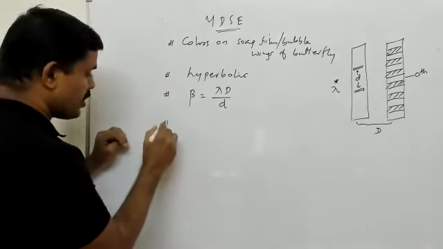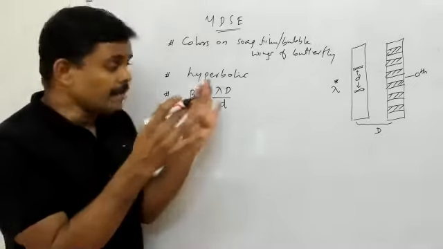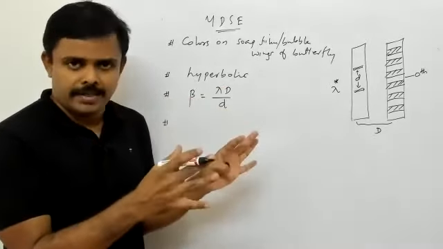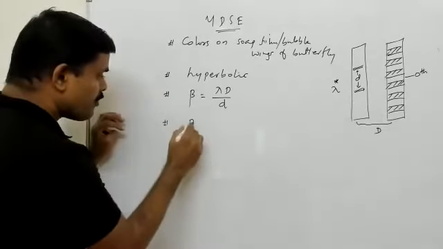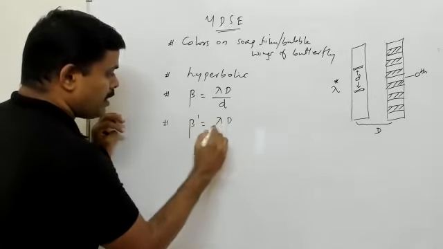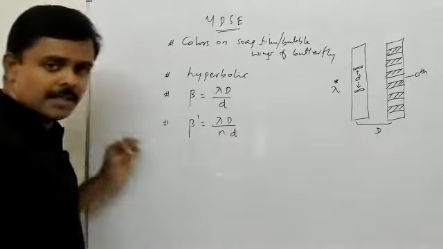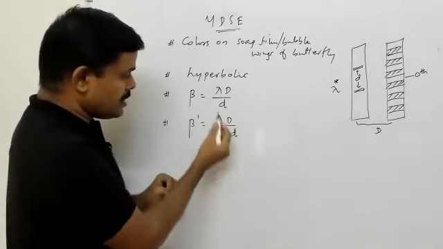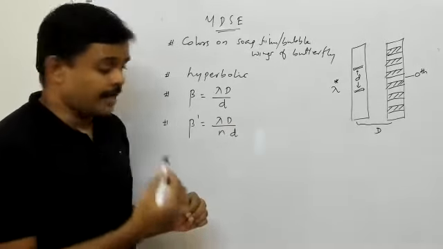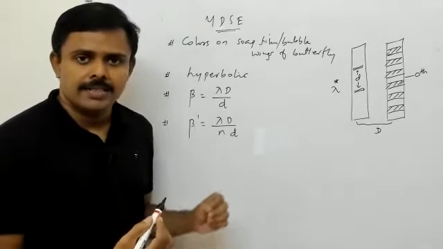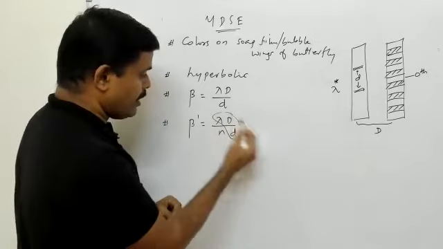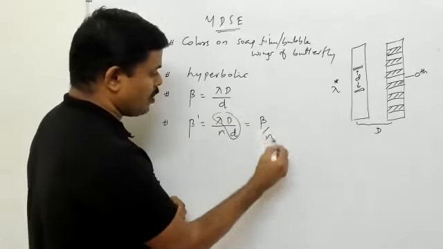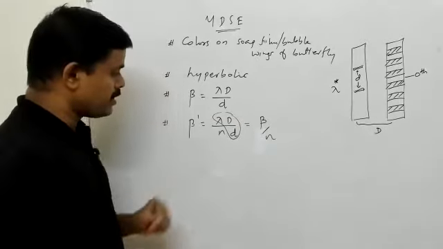Then we have the next point, underwater. If I immerse the whole setup in water or in a liquid, that's again a previous board question. The fringe width will be what? Lambda D by nd, because underwater the wavelength is lambda by n. Inside a liquid, lambda turns to lambda by n, where n is the refractive index. If I take lambda D by d together, it will be beta over n. Beta dash is equal to beta by n.